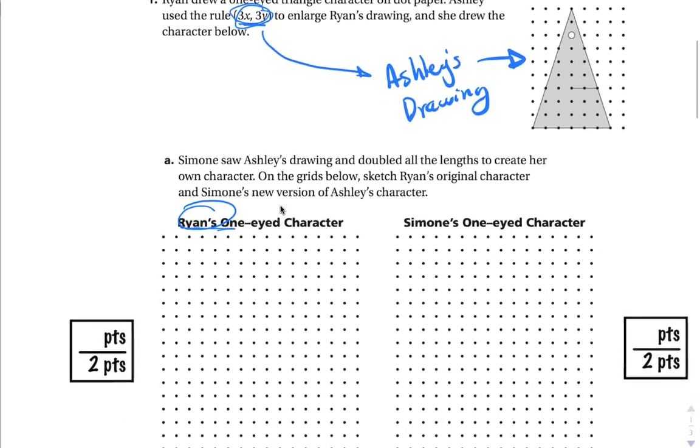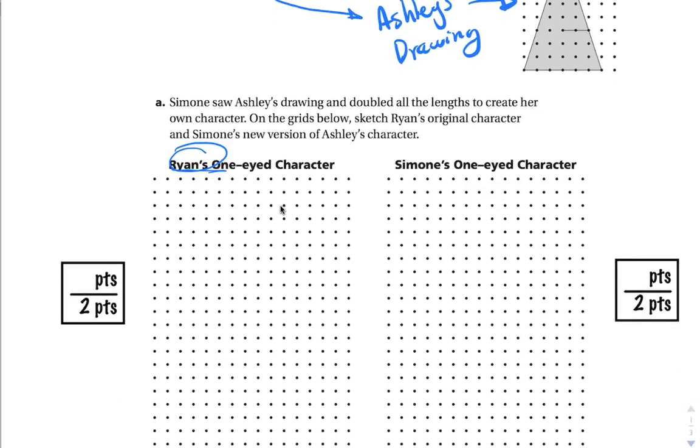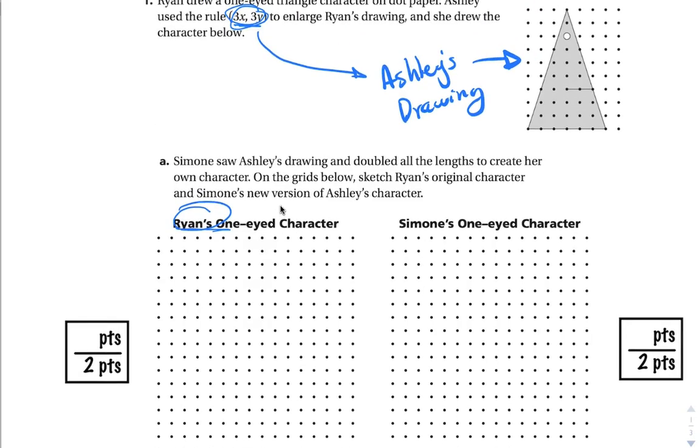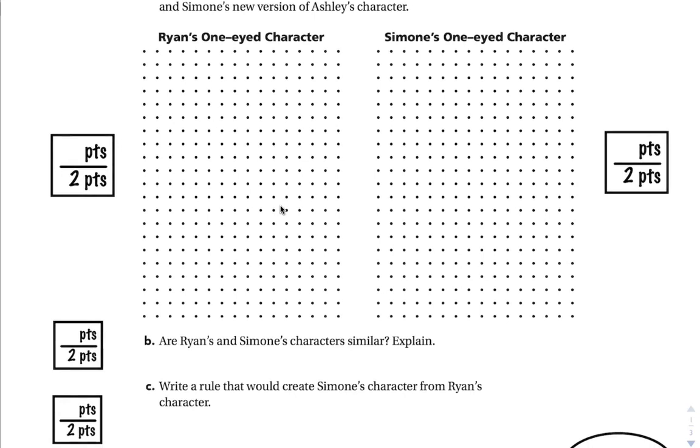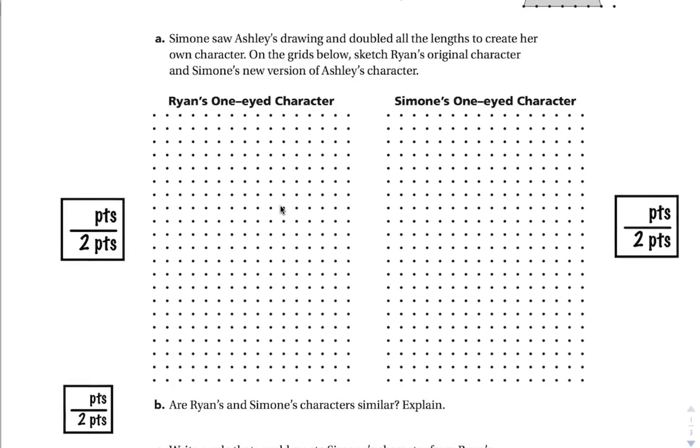So you got to redraw Ryan's drawing before Ashley expanded it to 3x 3y. It's about as much help as I can give you there. And then it gives you information here about Simone's drawing. So it says Simone saw Ashley's drawing and doubled all the lengths. So Simone doubled all the lengths when she saw Ashley's drawing. Okay, so keep that in mind.